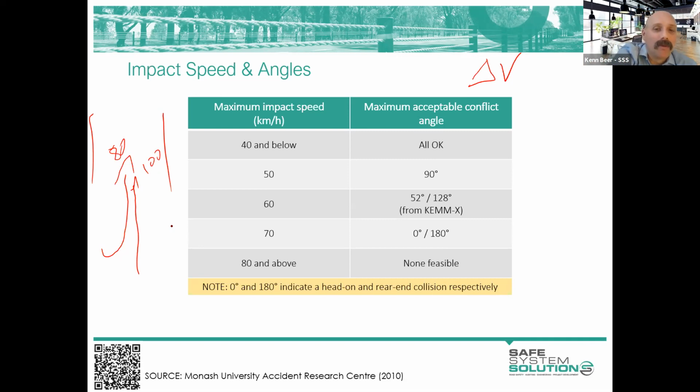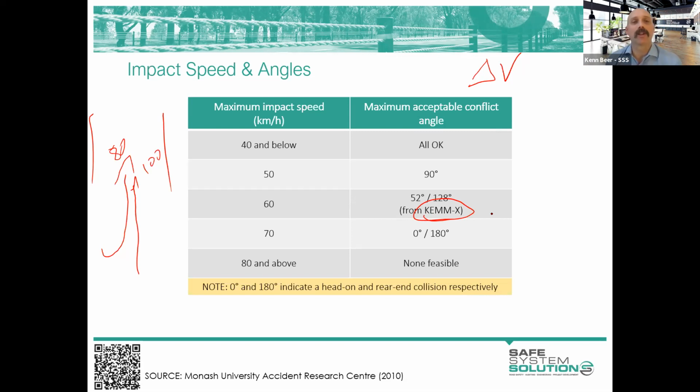A lot of this comes from a model called XChemX, which is the kinetic energy management model. And that's really just a bit more in-depth analysis about energy during crashes at intersections. Now, utilization of XChemX and the like is far beyond what you would need to do in a safe system assessment, unless there were some specific requirements, but that would be very rare.